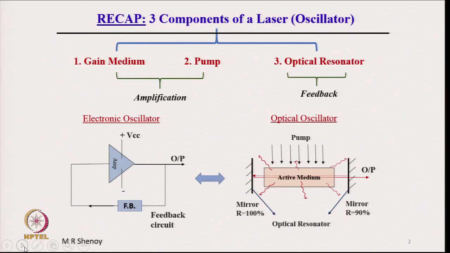A very quick recap: the three components of a laser are the gain medium, the pump and the optical oscillator or optical resonator. The gain medium, when pumped appropriately, provides amplification. This is what we had seen in parts 1 and 2.